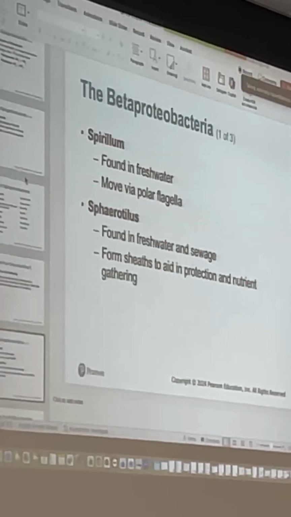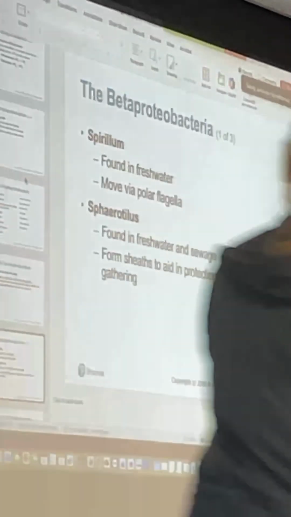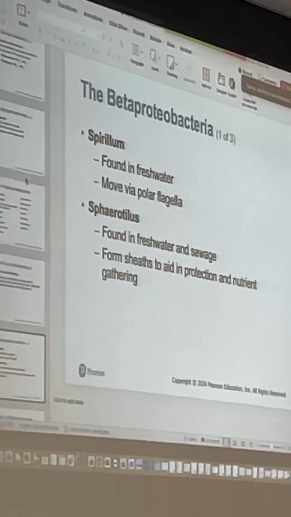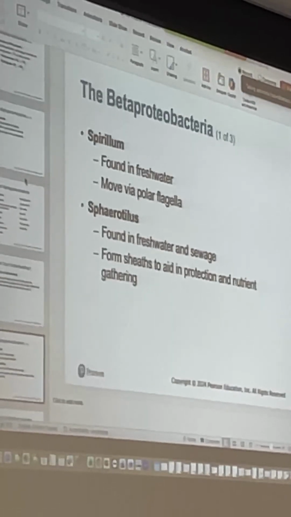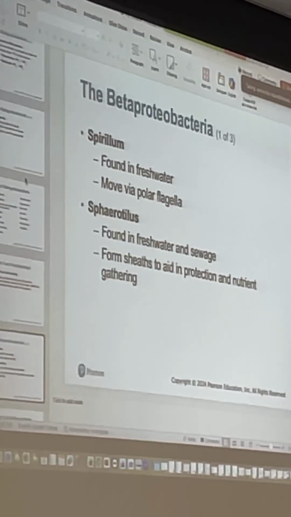So for the beta proteobacteria, what are the characteristics? These guys are gram what? Negative. Everything's gram negative. Looking at these, very interesting, very different too. For the first one, Spirillum, this is an aerobic microbe, found in fresh water, and it moves with a polar flagella.